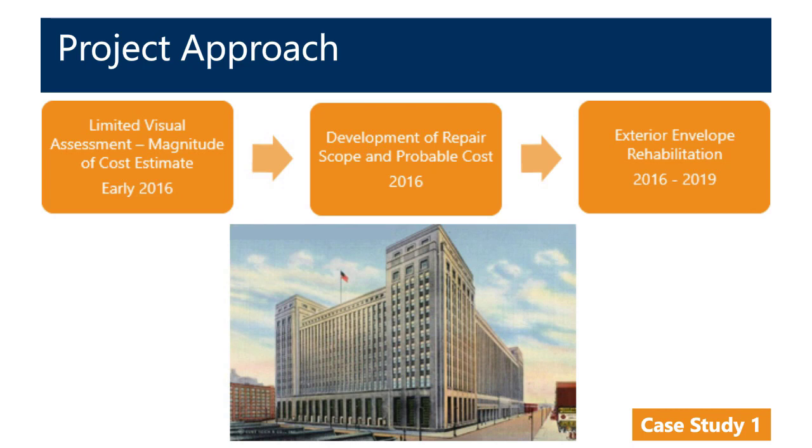Based upon that, the owner asked us to get numbers from contractors, and rather than bidding out each and every typical detail, we thought, based upon the material and type of distress we were seeing, it was best to get unit prices. I'll go into that a little bit more in the slides and show you how that was done. And then that was a quick turnaround for the beginning investigation, document pricing, getting a contractor on board, and it moved into a facade rehabilitation project that took 4 years to complete.